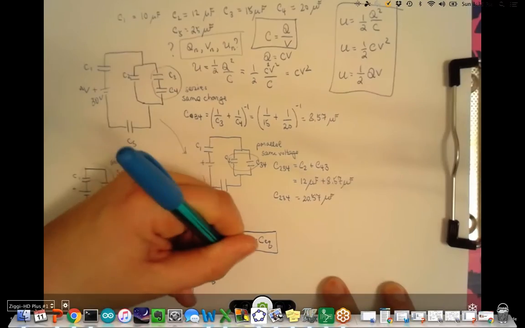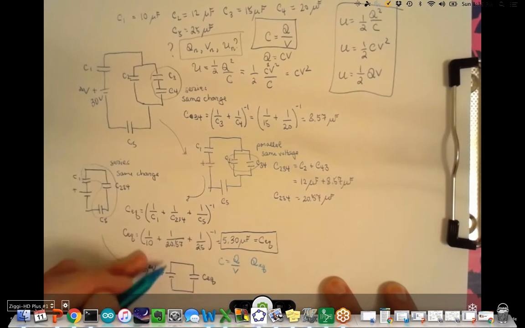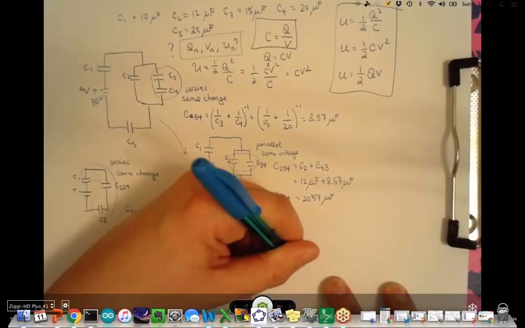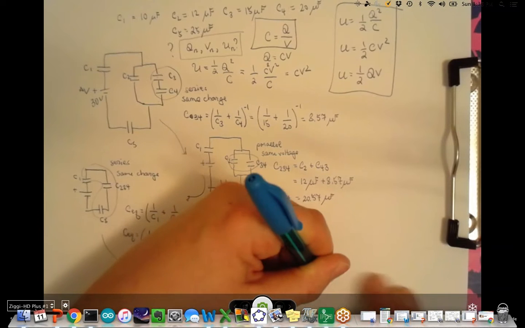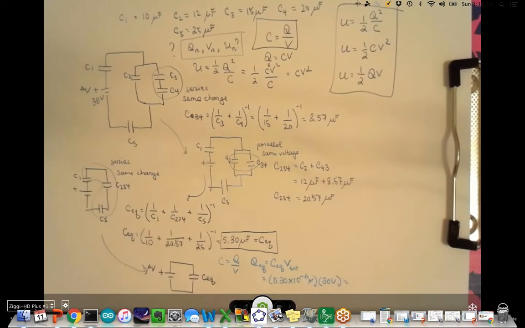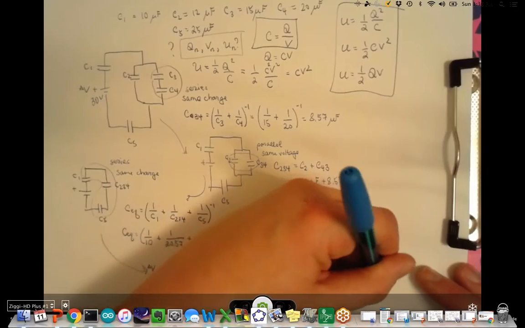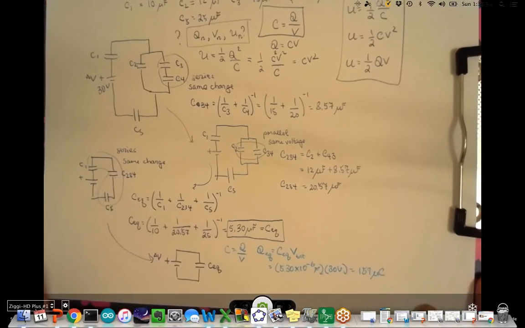We know that C is equal to Q over V. So our charge equivalent, the charge on the entire circuit, is going to be the equivalent capacitance times the total voltage, which is 5.30 times 10 to the minus 6 farads times 30 volts. That's 159 microcoulombs.